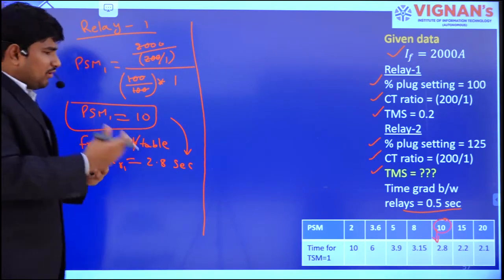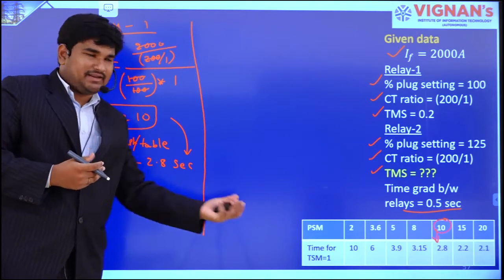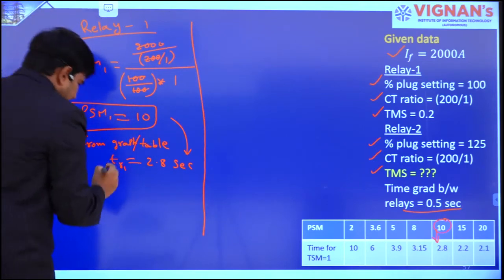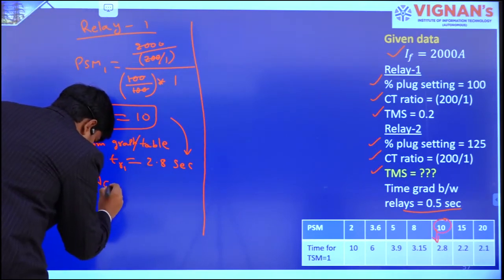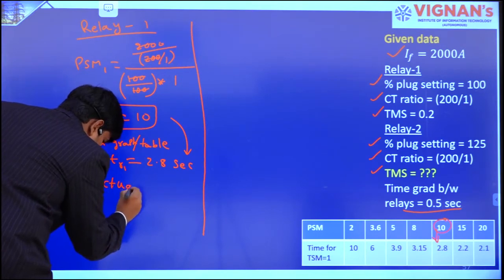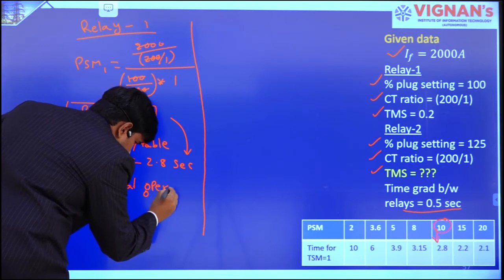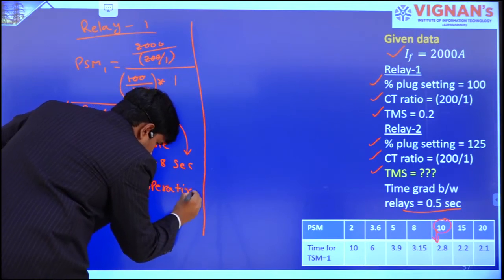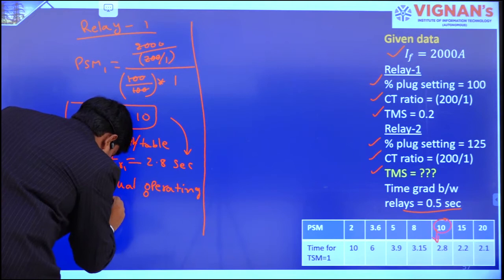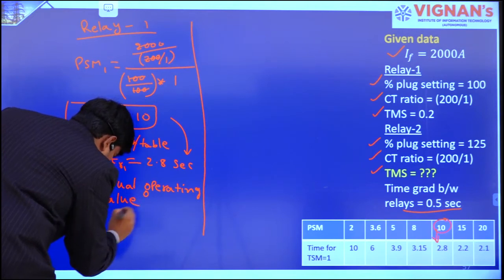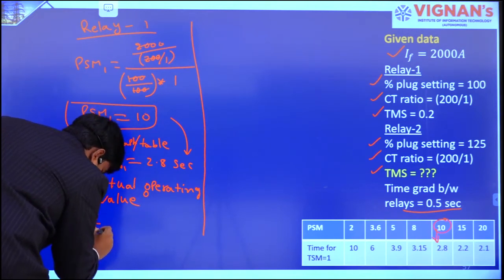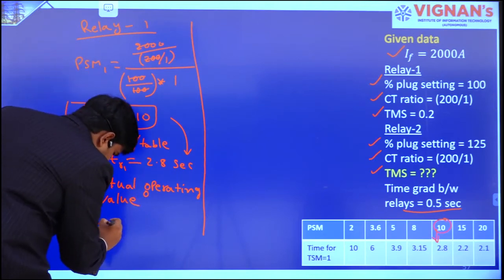Now what is the actual operating value? Let it be T1 for relay 1, right?